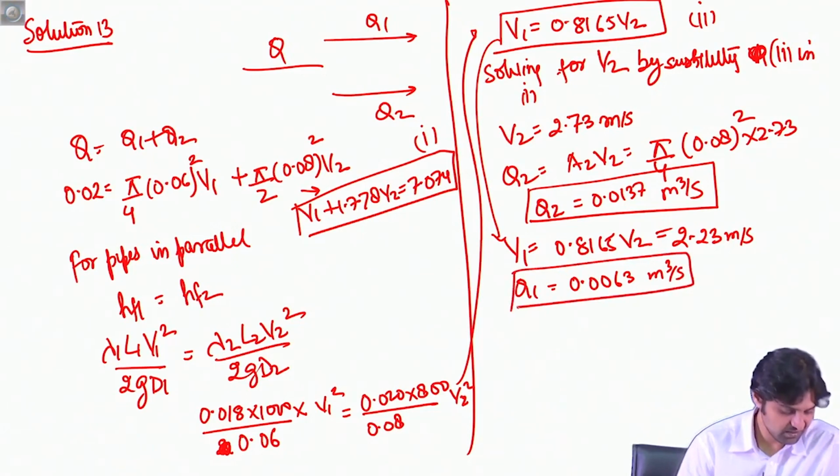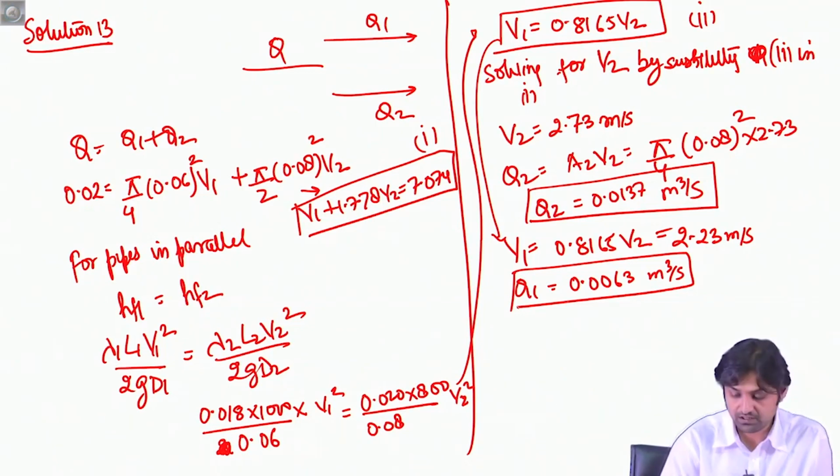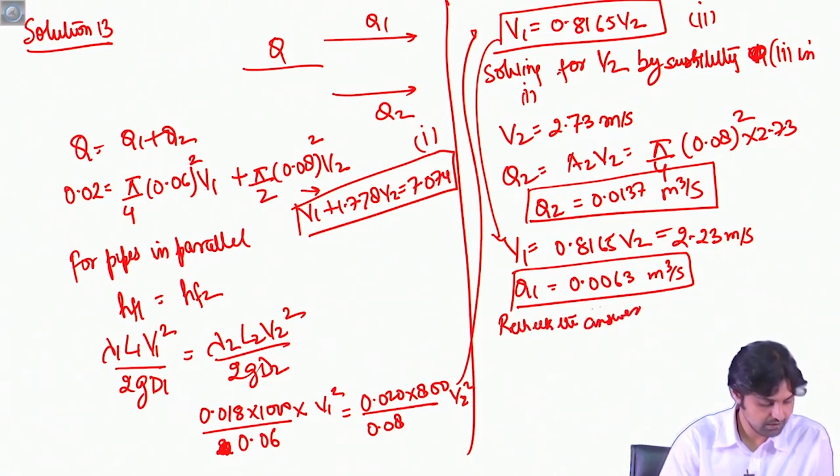All right, this is the answer, but one important step is that it's better to recheck the answer by checking whether Q1 plus Q2 is equal to Q or not.